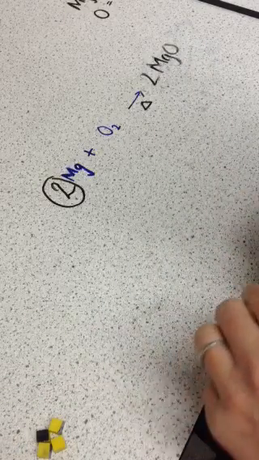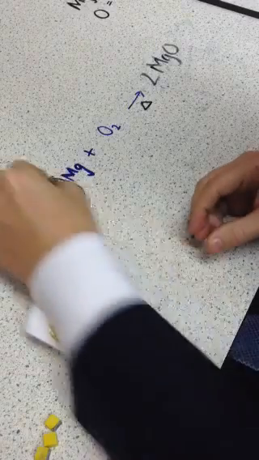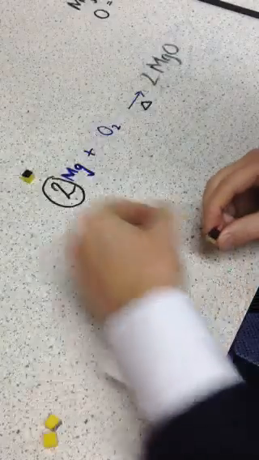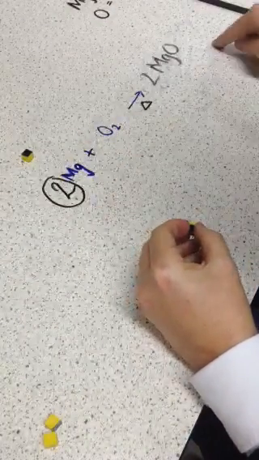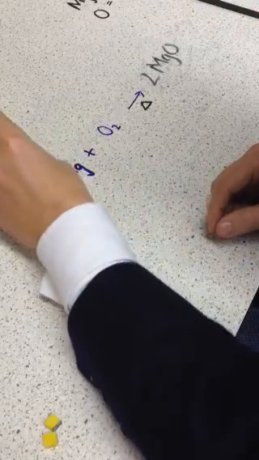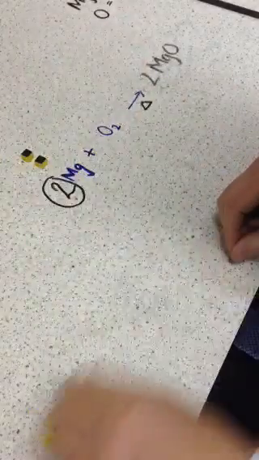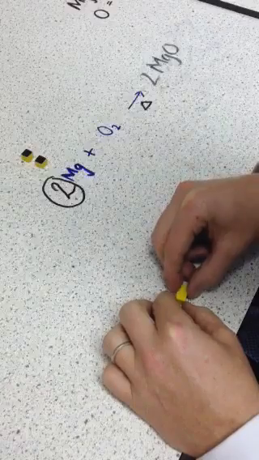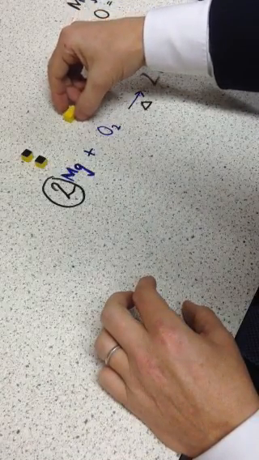Okay. So let's actually just look at this in a more practical way. I'd like you to imagine that these black things are magnesiums. And so in a reaction like this, the balanced equation is the way it really happens. 2 magnesium atoms, the black squares here, react with 2 oxygens which are covalently bound to each other.